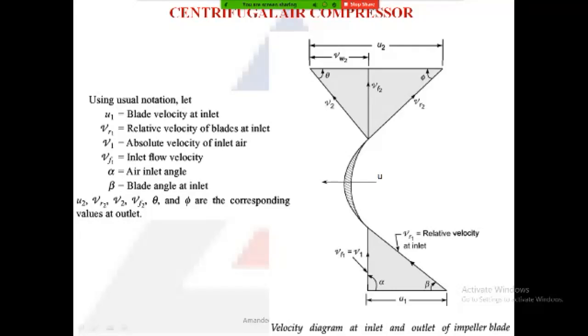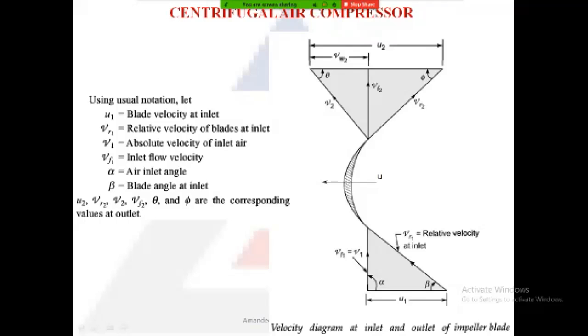Now, if we look at the relative velocity concept, this is the VR2, and this is your U2. If we join these two points, that is this exit point and this U2 end point, the velocity that we get is the V2 velocity. This is the absolute velocity at the exit.